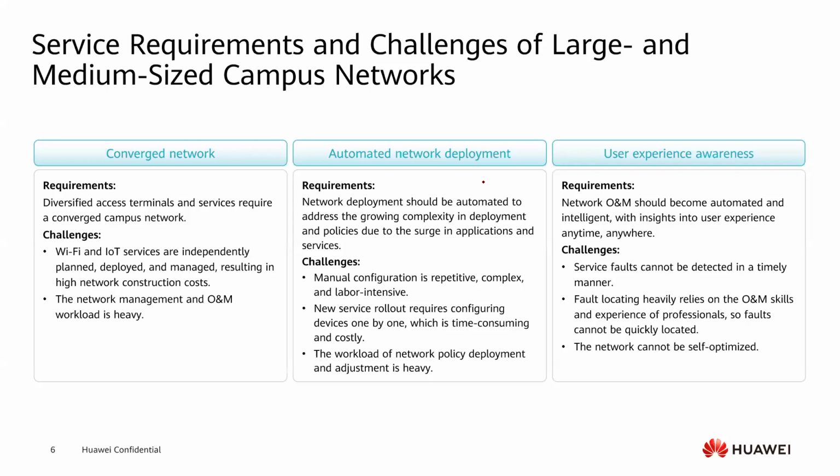This kind of campus network has a lot of requirements, such as convergence. It needs a converged network, automatic network deployment, and awareness of user experience. To meet these requirements, based on the cloud campus solution, we can use the MSNC campus controller and the MSNC campus insight analyzer.